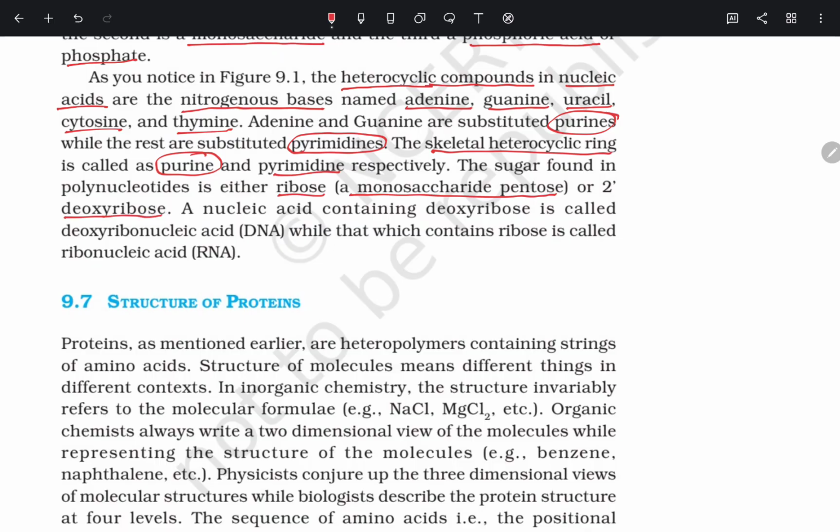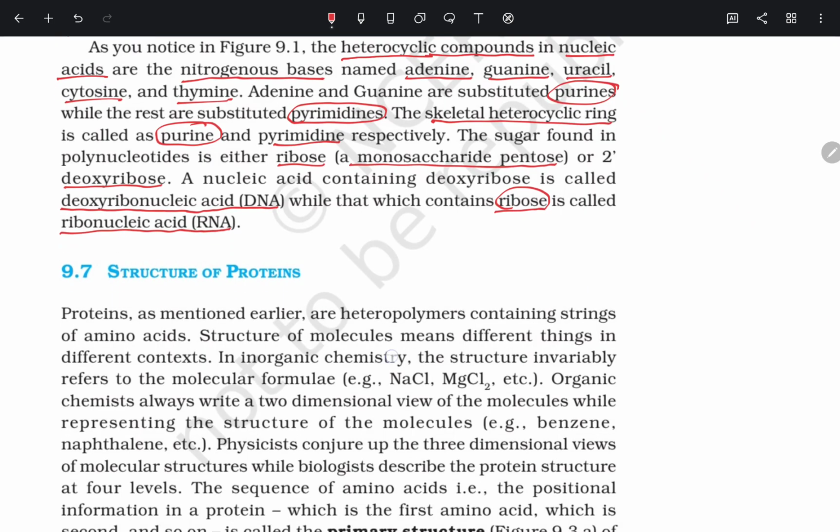A nucleic acid containing deoxyribose is called deoxyribonucleic acid (DNA), while that which contains ribose is called ribonucleic acid (RNA).